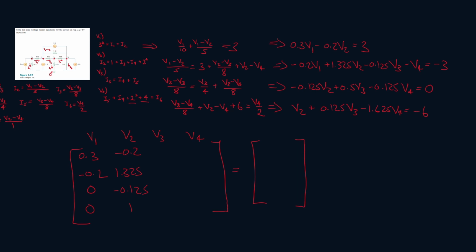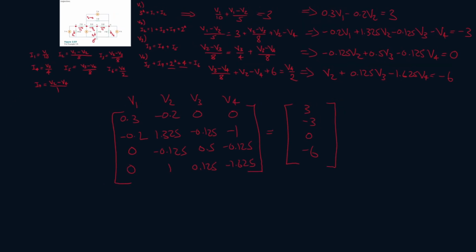Now, the first equation doesn't have a V3, so it'll be just 0. And it's minus 0.125, 0.5, 0.125. The first equation doesn't have a V4, so it'll be 0. Minus 1, minus 0.125, minus 1.625. And all of this will be equal to 3, minus 3, 0, and minus 6.